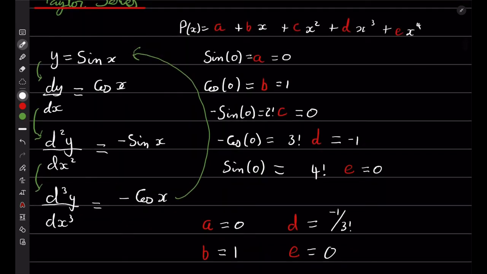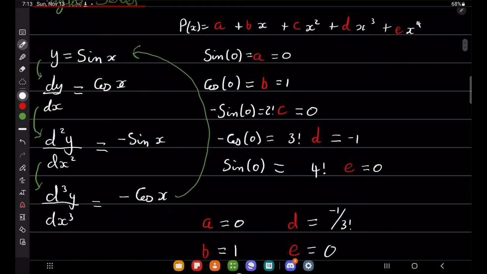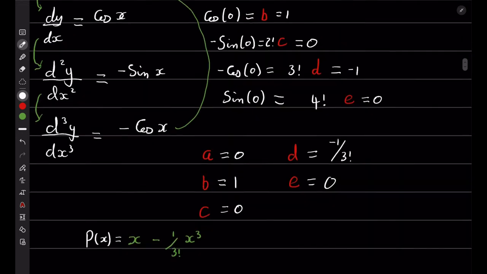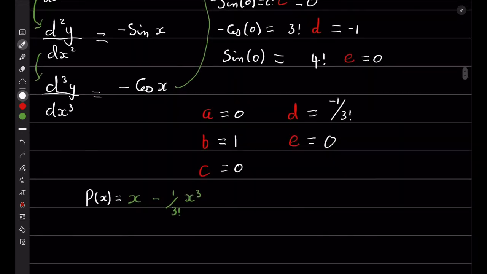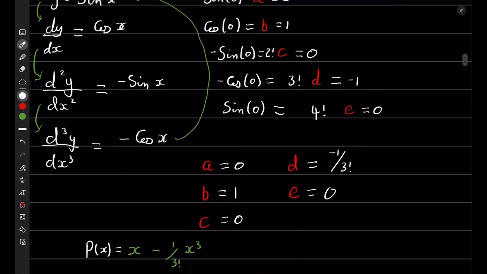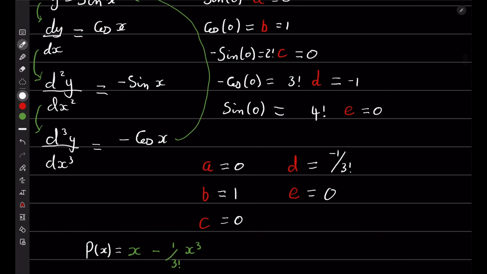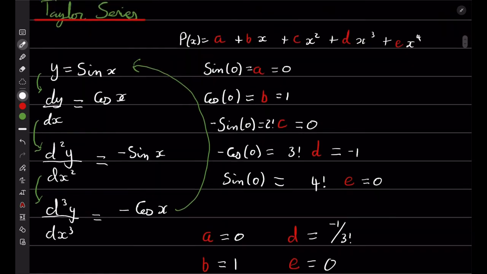Cos, I think, does the opposite. It skips the odd powers and only has even powers in the polynomial.